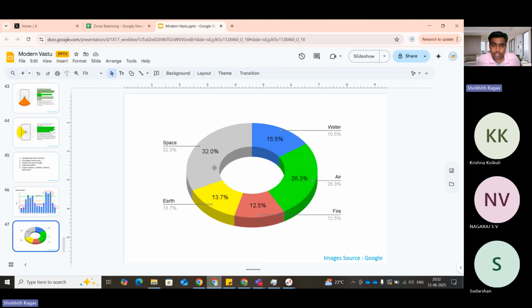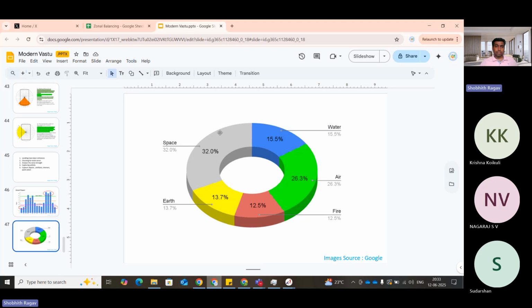If you look at it, space element is in excess and fire element is weak. If the fire element is weak, you will have issues with cash liquidity, and digestion issues with respect to health. All these effects will be there. But this is at a very macro level because we are considering only 5 parameters. When it comes to zonal strength, we are considering 16 parameters and it is much more accurate in terms of prediction. But this also sometimes helps.